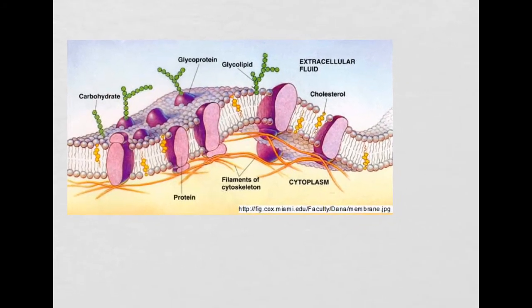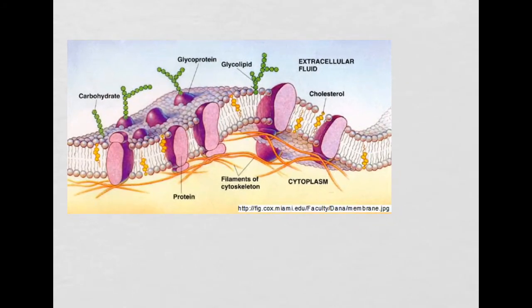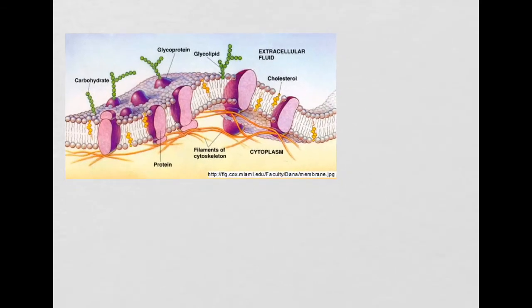So the main goal of the cell membrane is to create a barrier, and that's to maintain homeostasis inside the cell. I'm going to write that down. So our cell wants to maintain homeostasis, a constant internal environment amidst this crazy and changing external environment.